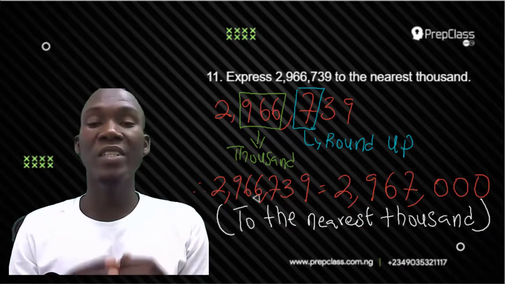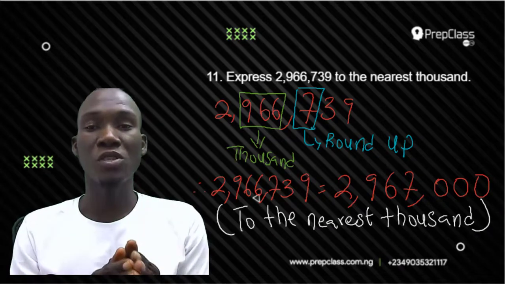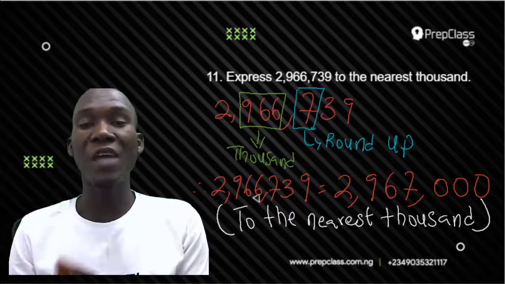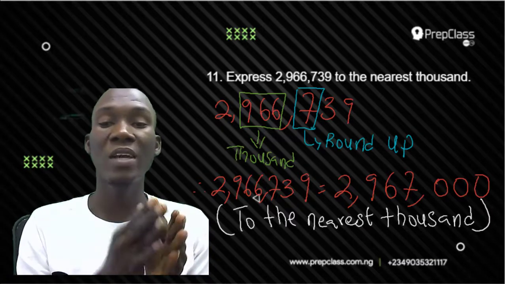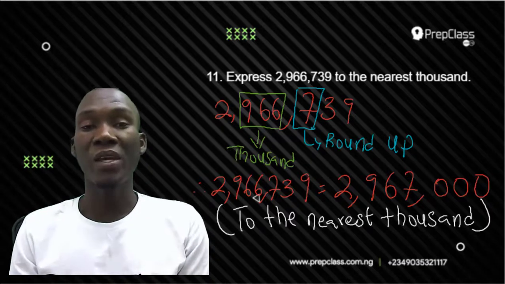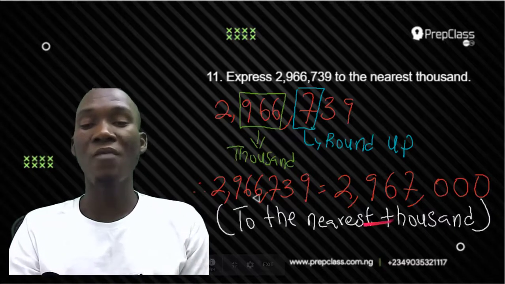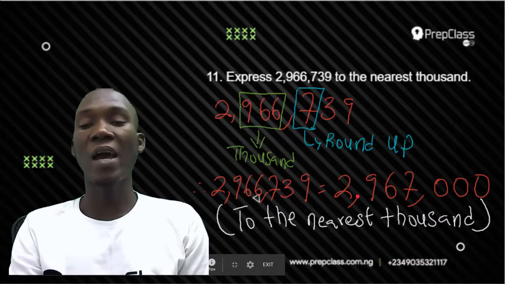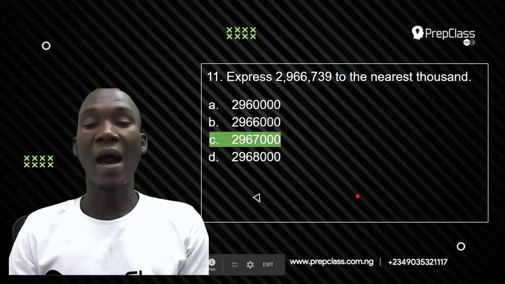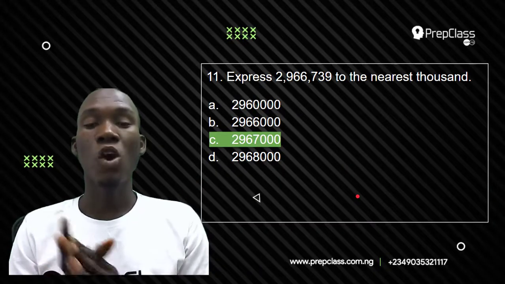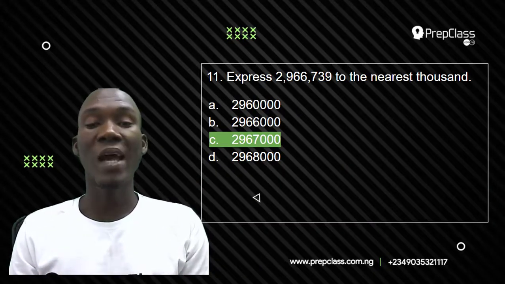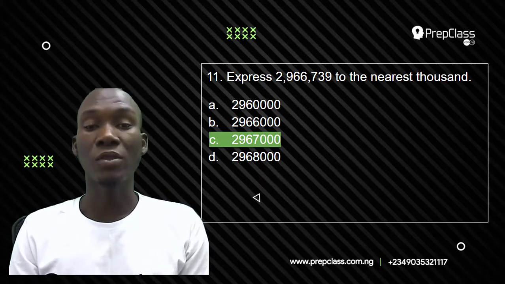If you are rounding to the nearest 100, you identify the 100 position, then you look at the digit after 100. If you are rounding to the nearest tens, you do the same thing. So to the nearest thousand, we have our answer to be 2,967,000, and the correct option is option C, 2,967,000. So that is the solution for question number 11.